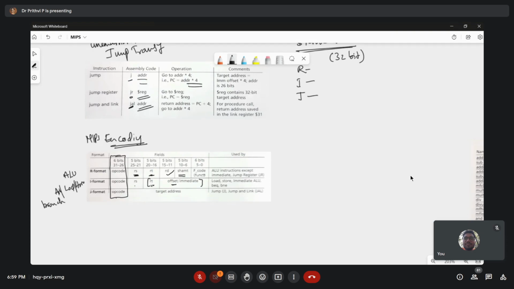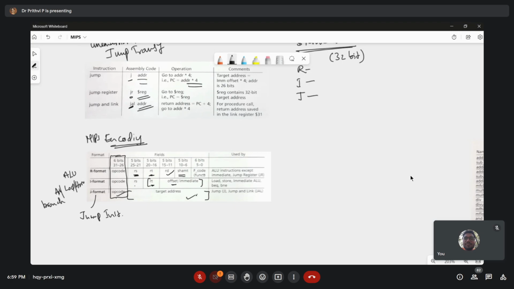And J format is for your jump instructions. J format will be used for jump instructions, because for a jump instruction we don't need a register. So directly the remaining bits, out of 32 with 6 bits taken out, will be used for the jump address, the target address, or the next address which your processor has to reach.